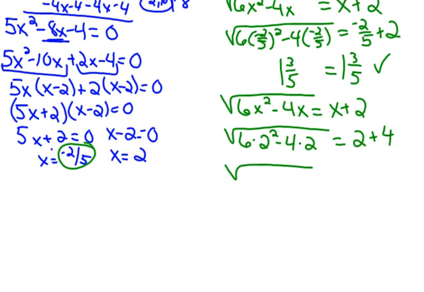This is 2 squared is 4 times 6 is 24 minus 8. 24 minus 8 is... oh my gosh. I hope everybody caught what I did.